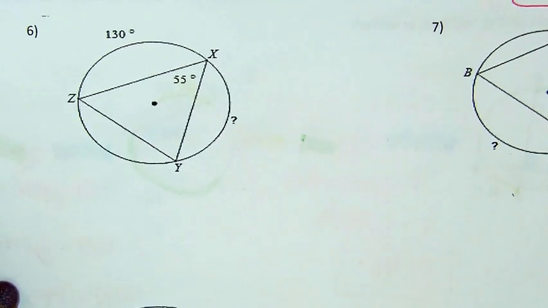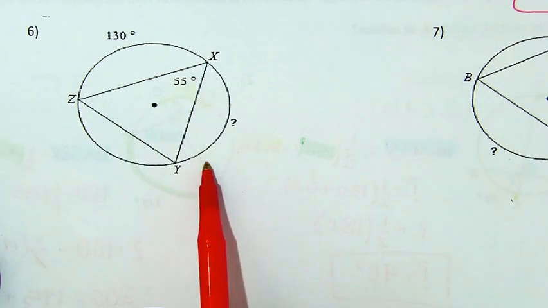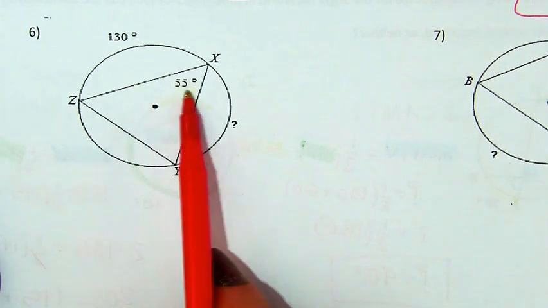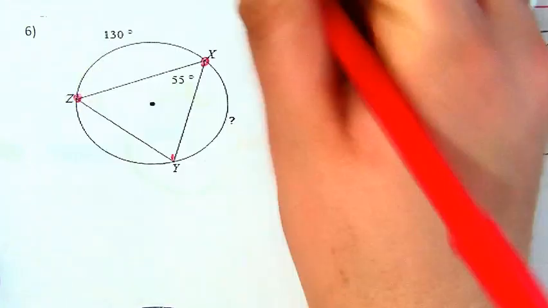Number 6. Here I'm looking for this arc from X to Y, but let's see what we're given in the picture. I have a triangle here, and I'm only given one angle. And this angle here is an inscribed angle.